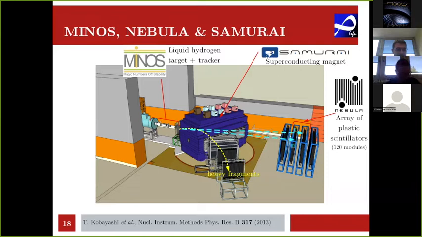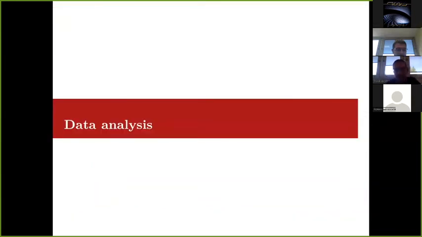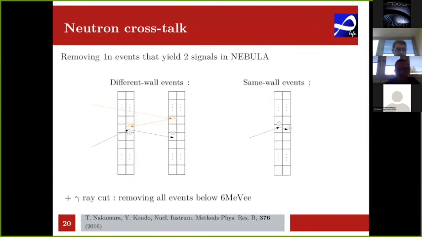I will focus a bit more on this detector right now, because a part that I would like to stress in the data analysis was made on NEBULA, and it was the neutron crosstalk. So what we call neutron crosstalk is the fact that some one-neutron events yield two signals in NEBULA. So we confuse them with two-neutron events.